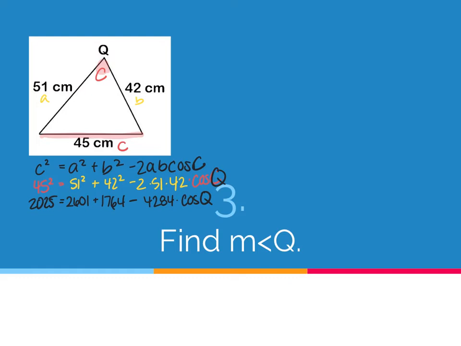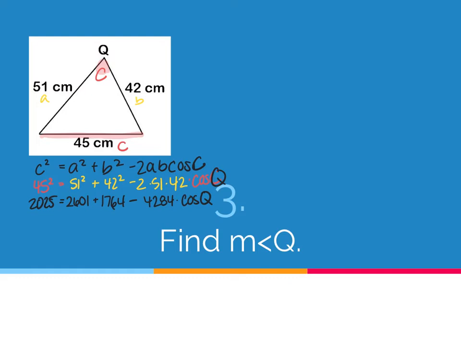C is Q. Now, let's pause for a second. A lot of you probably look at this and want to put all of this into your calculator. And in this case, you cannot. You cannot put this all in your calculator right now because we don't know what Q is.